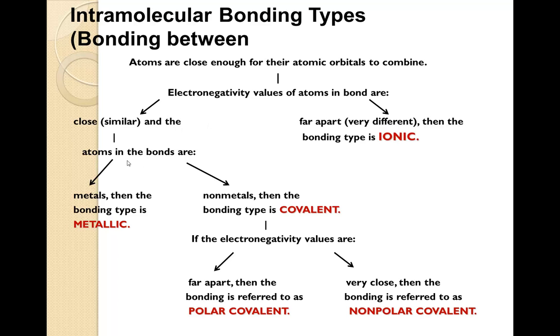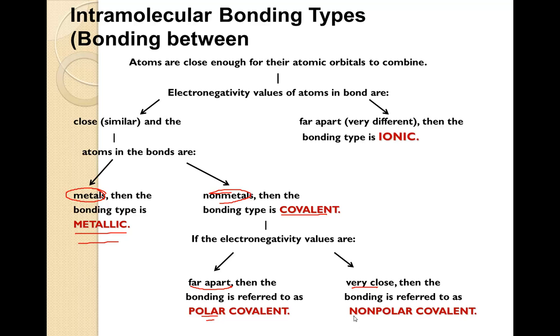If they're metal atoms, they'll be metallic bonding. If they're nonmetal, they'll be covalent. But if it's covalent, you have to ask yourself one more question. What's the difference in electronegativity? If they're far apart, they're polar covalent. If they're very close to one another, they're nonpolar covalent.